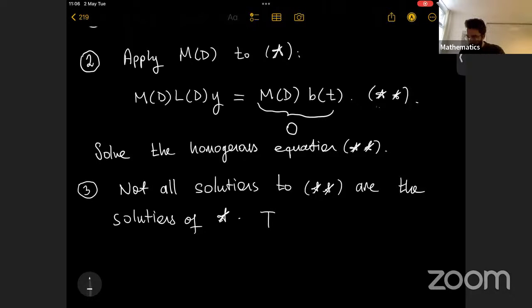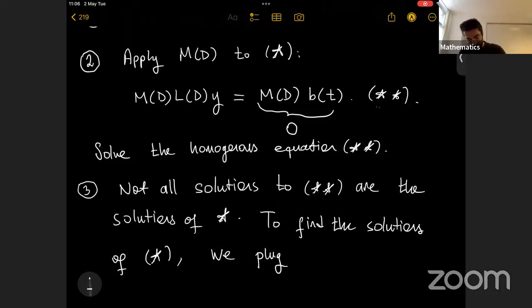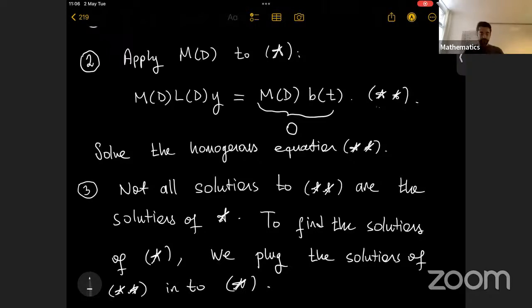So to find the solutions of the first one, we plug the solutions of the second equation into the first one, okay?